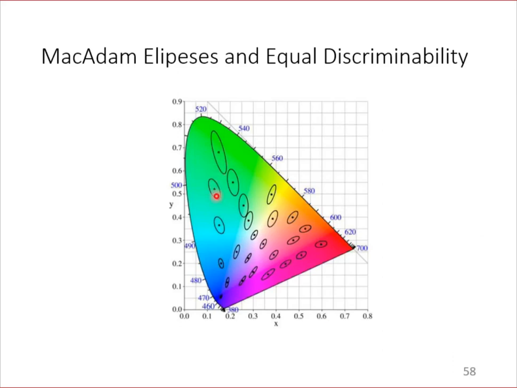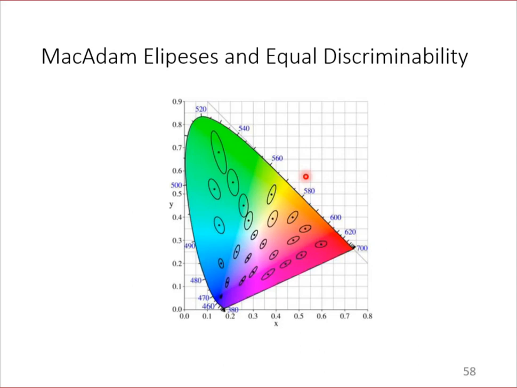That's the reason we say L star A star B star is a uniform space: any two points within the space with the same distance will be the same in the color gamut.